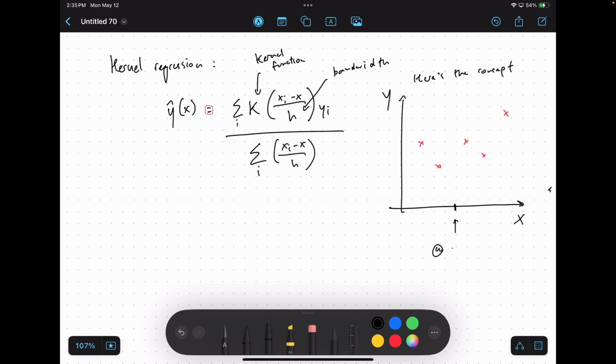So at this x, what would y hat be? Okay, so help me out here. What do you guys think? Would this be a decent prediction? What about here? Or here? Or here? Or here? Right?